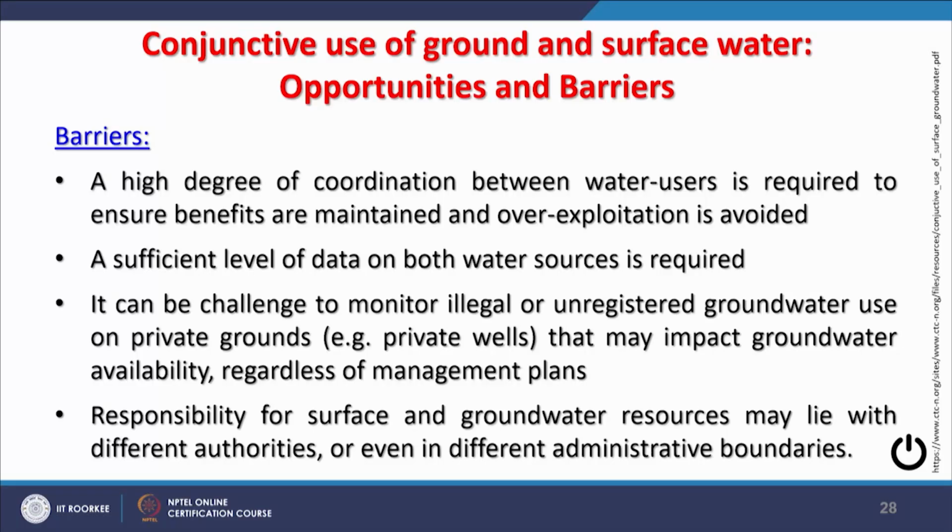Finally, responsibility for surface and groundwater resources may lie with different authorities, society, or even different administrative boundaries. Individuals are also responsible for this, and if we all go from that point of view, then we will have water in our wells and in rivers round the year, and this is what conjunctive use of ground and surface water is. So, with this I thank you all.